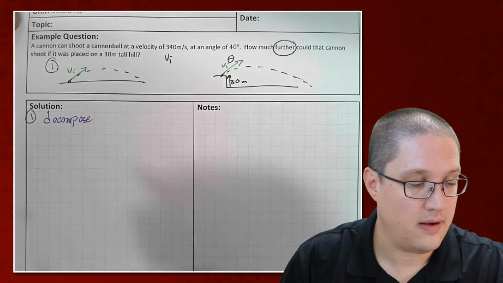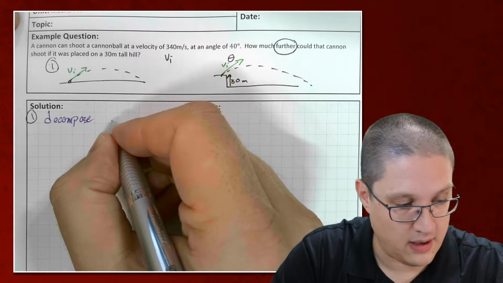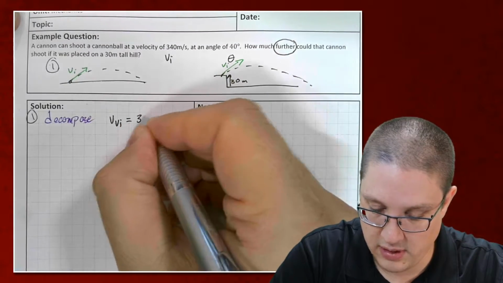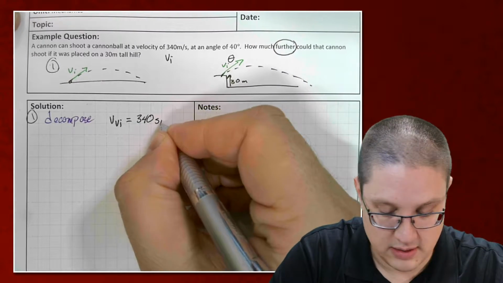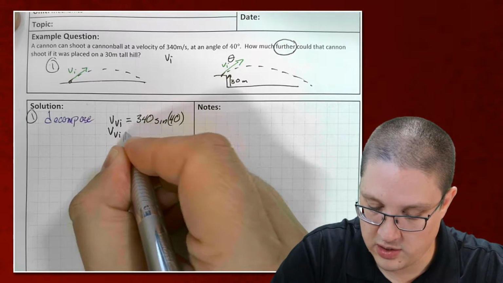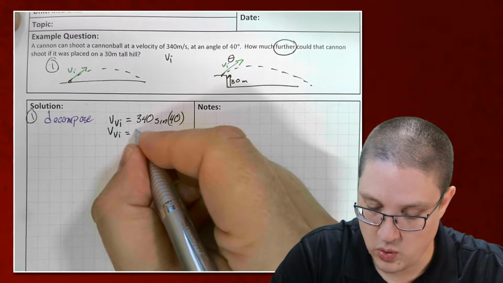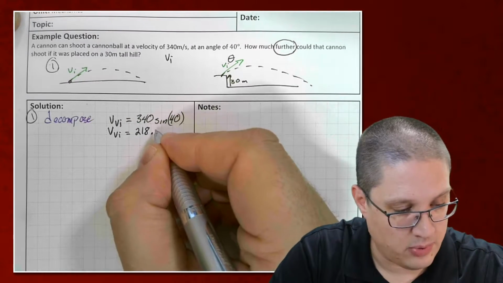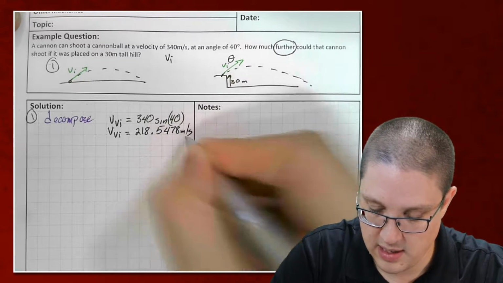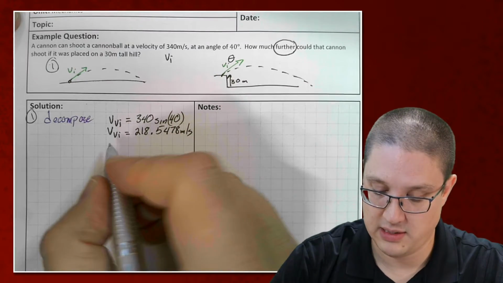Decomposing these means I'm going to go, my initial vertical velocity is 340 sine 40. So my initial vertical velocity works out to 218.5478 meters per second. Hooray for decimal places.